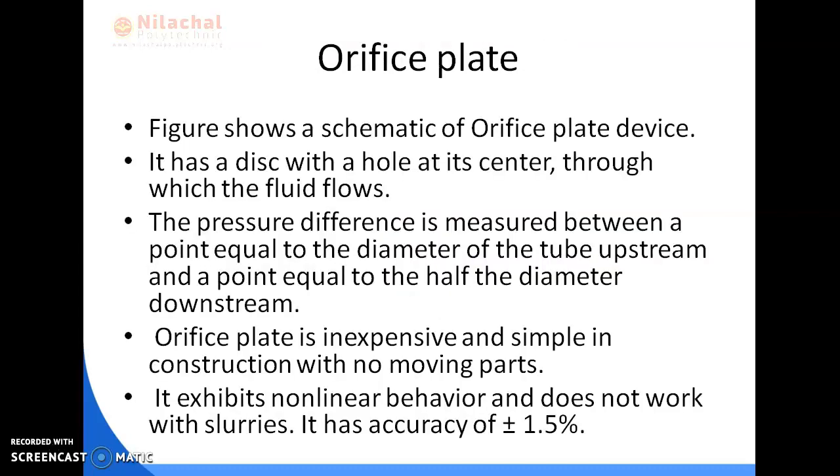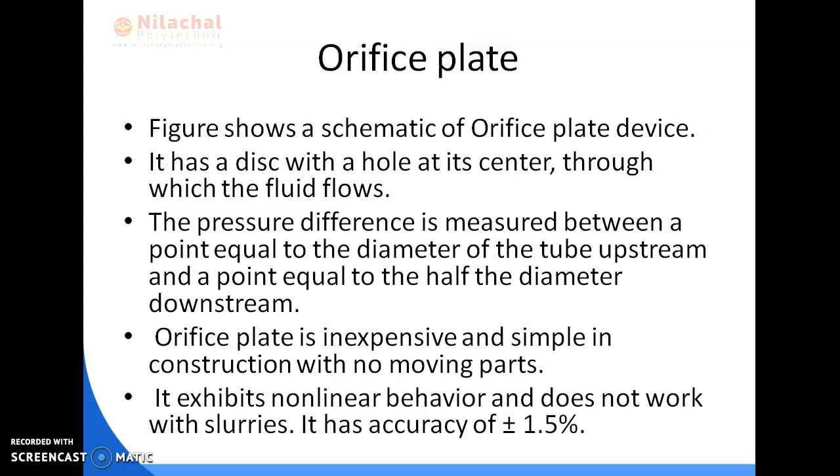So next type of sensor is orifice plate. It has a disc with a hole at its center through which the fluid flows. The pressure difference is measured between a point equal to the diameter of the tube upstream and a point equal to half of the diameter downstream.